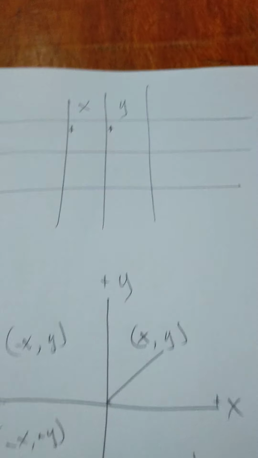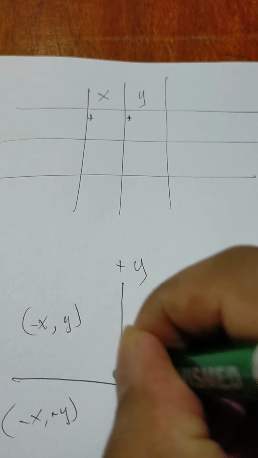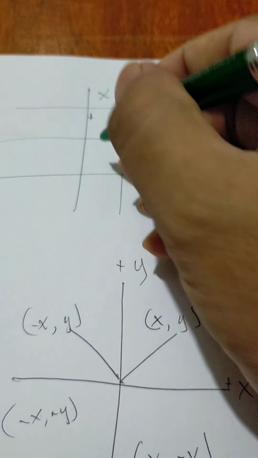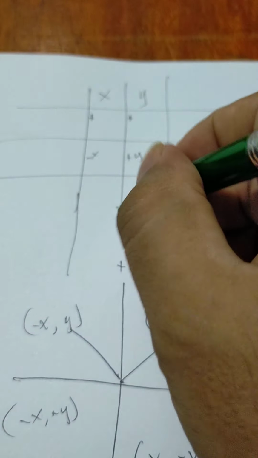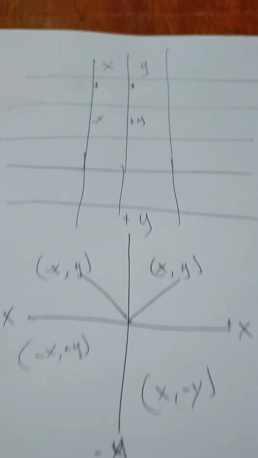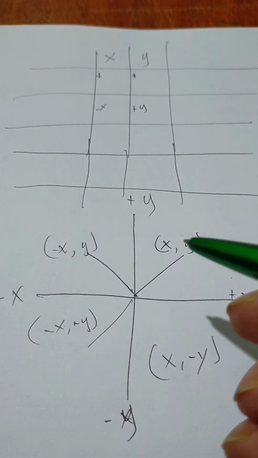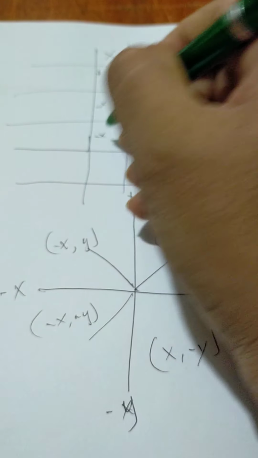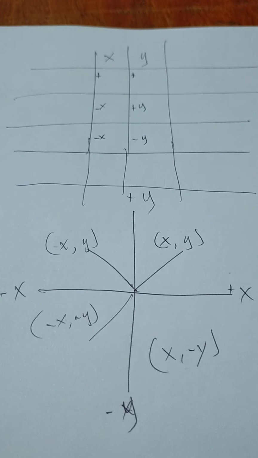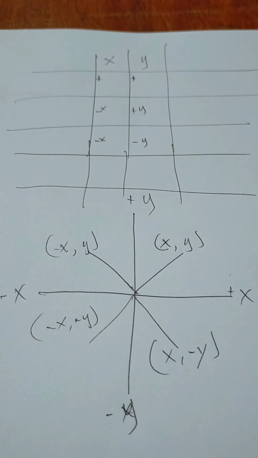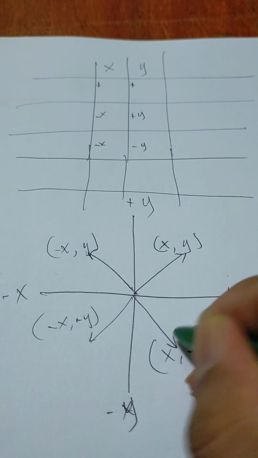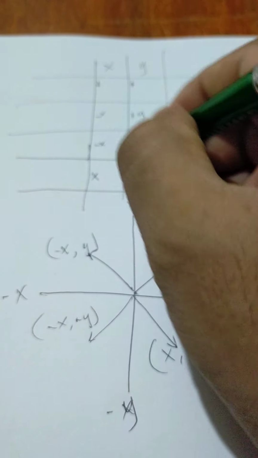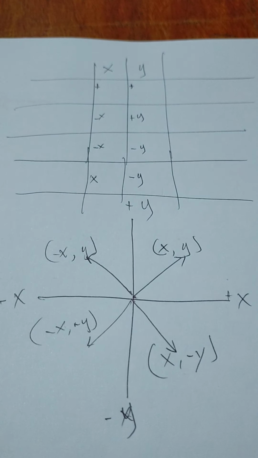If the vector falls on the second quadrant, x is negative, y is positive. If it falls here on the third quadrant, x is negative, y is negative. If it falls on the fourth quadrant, x is positive, y is negative.